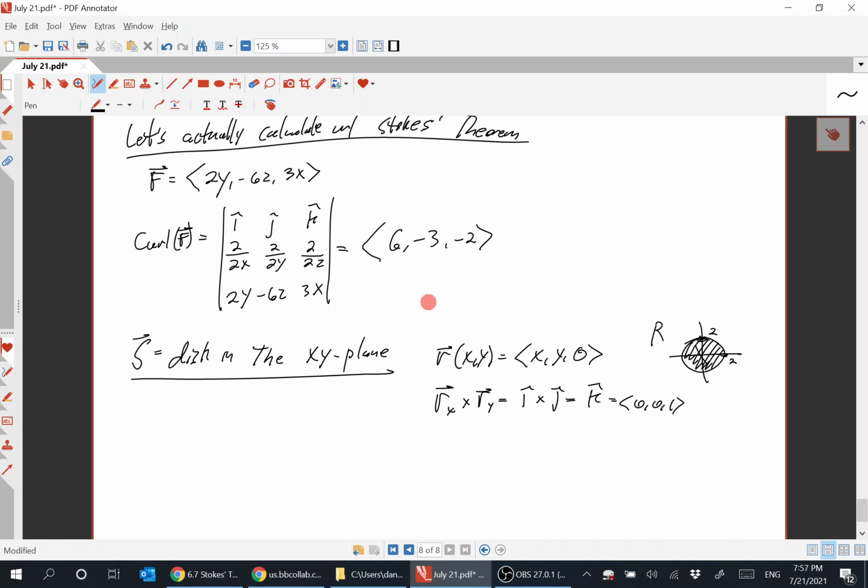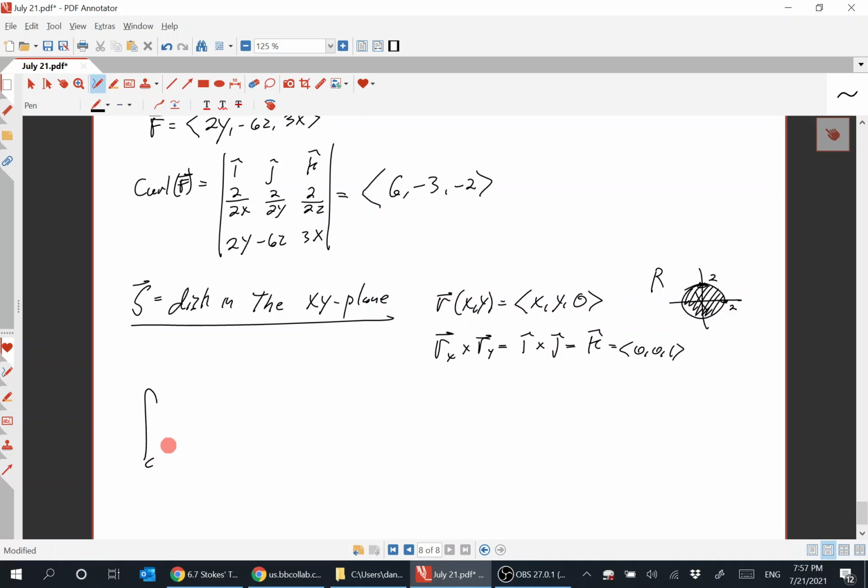So the line integral over C of F dot dr is equal to the surface integral over S of curl of F dot dS. So it's a double integral over R of curl of F, which is 6, minus 3, minus 2, dot r_x cross r_y, dA.